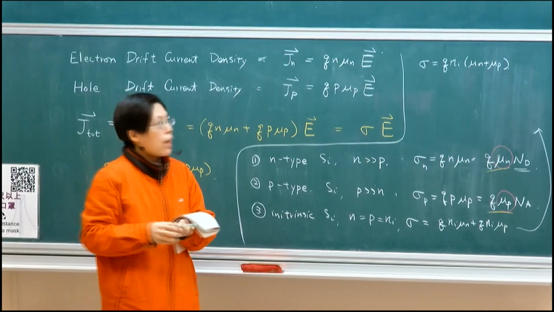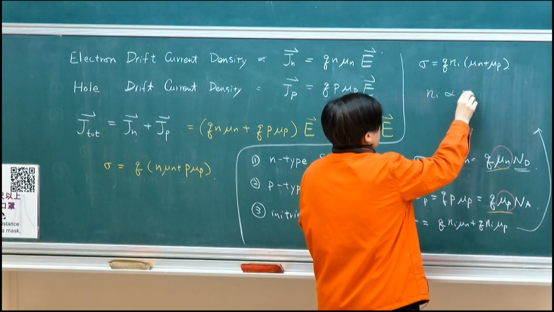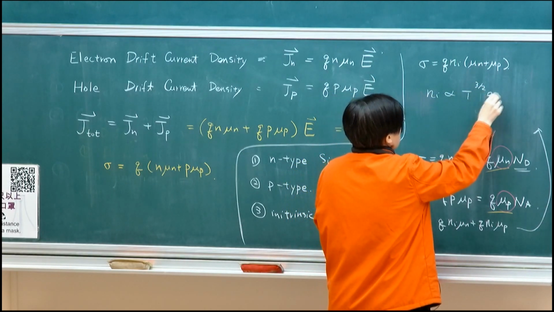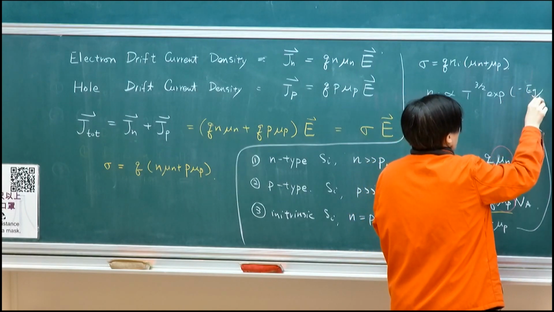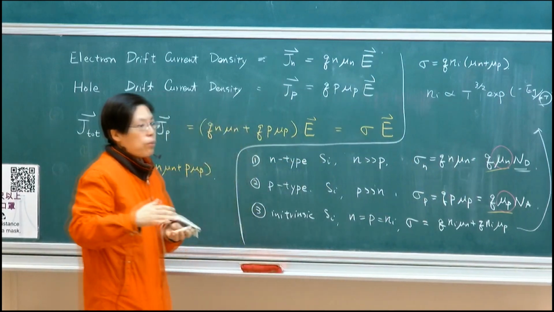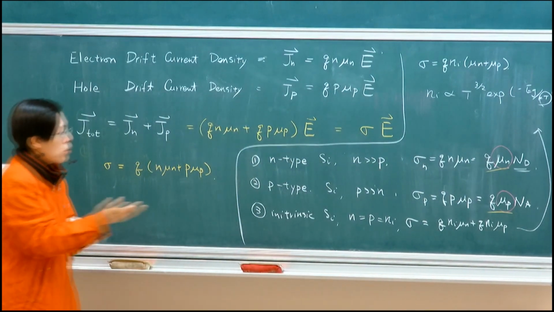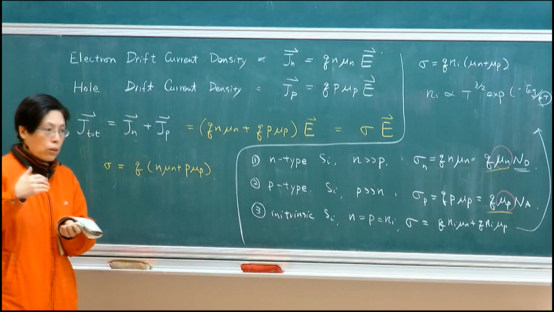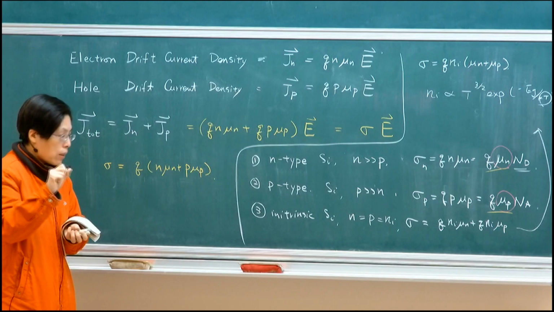As we already said, your ni strongly depends on T to some power and an exponential. I don't think I had the equation quite right, but there's a very, very strong temperature dependency. Therefore, if you change your operating temperature in intrinsic semiconductors, the conductivity will fluctuate a lot because it depends on intrinsic carrier density.